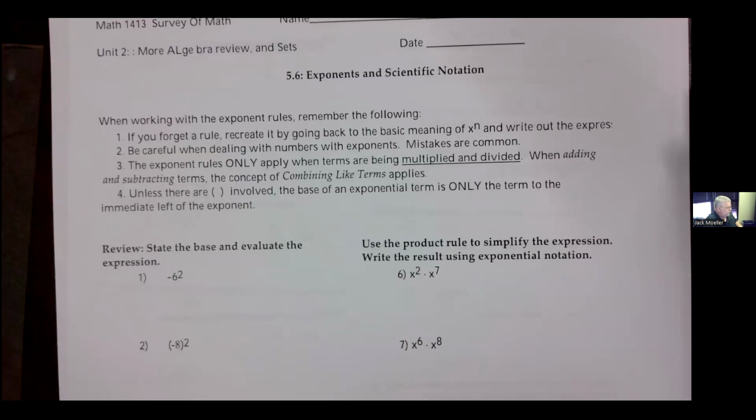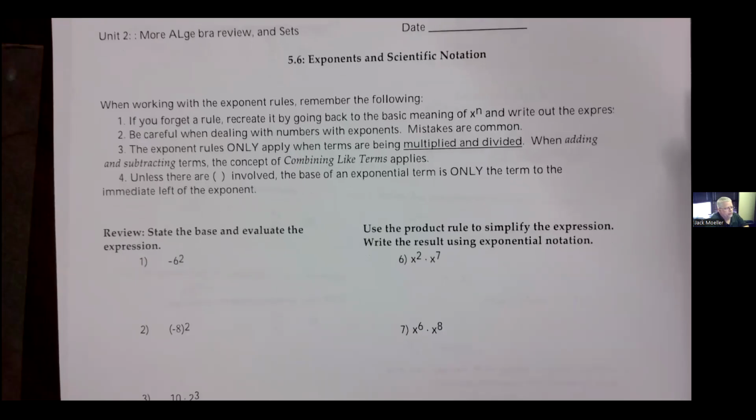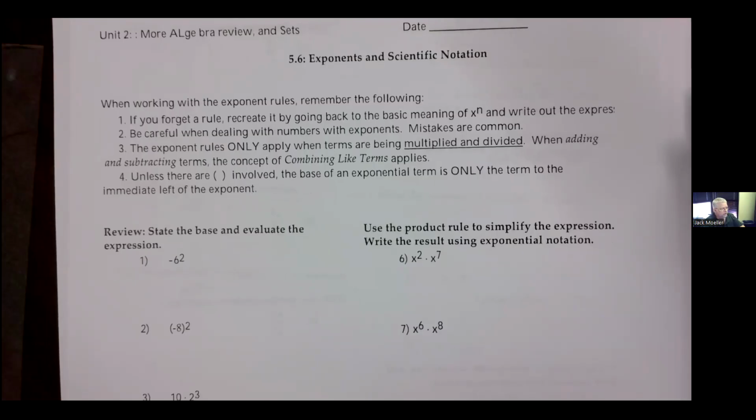All right, so let's talk about exponent rules. What makes this different from what we covered in the first unit? For survey, when we're dealing with variables, for the most part, we're just adding and subtracting them, and we use the phrase combine like terms quite a bit. From the first test, you can't add terms unless they have the same variable with the same exponent. And when you do, you're not changing the exponent, you're just adding or subtracting coefficients.